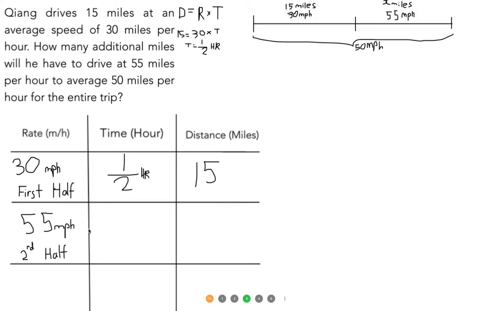And then the number of miles he traveled at 55 miles per hour, we can call x.